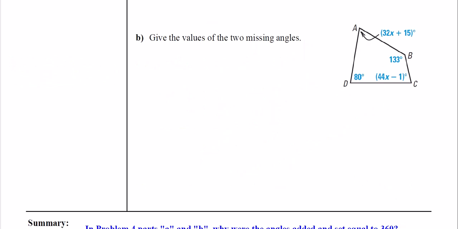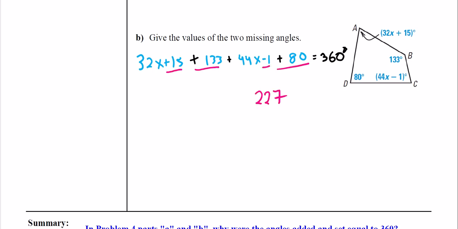Part B, on a scale from 1 to 10, this is more like an 8 or a 9. So this is a lot more difficult, more complicated. We note that this is again a four-sided polygon. So this is a quadrilateral. That means if I add up all 4 of these angles, it's equal to 360 degrees. This is what our setup looks like. If I combine all of the numbers on the left side, I get 227.